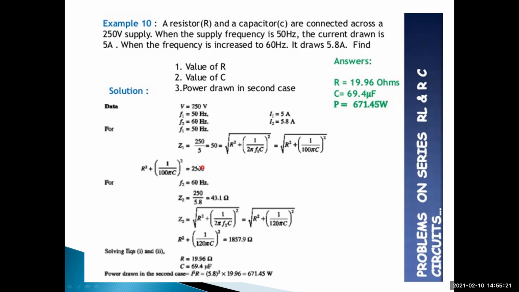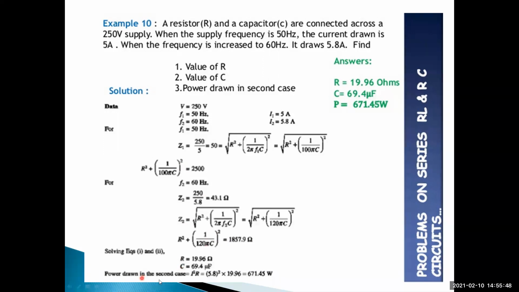Simplify this expression, and you will get a relation like this. For f2 is equal to 60 Hz, you will get another equation: Z2 is equal to root of R square plus 1 by 2 pi f2 C whole square. By using these two relations, you will get resistance and capacitance.